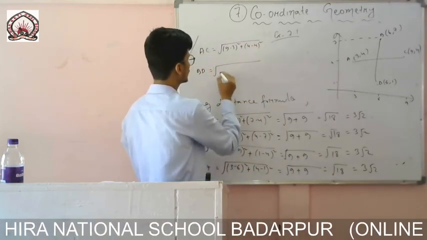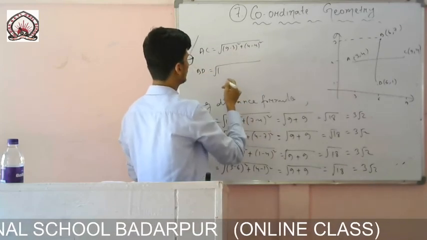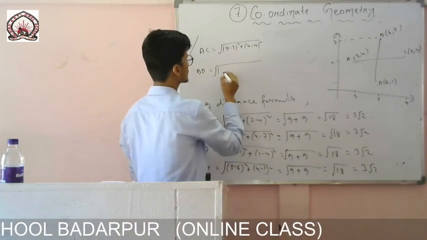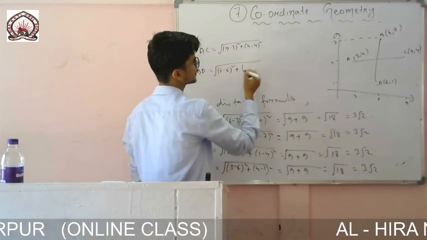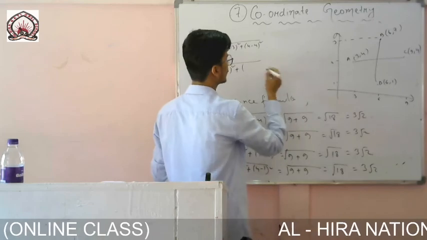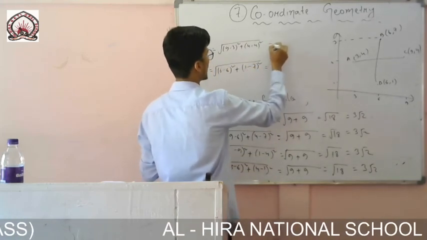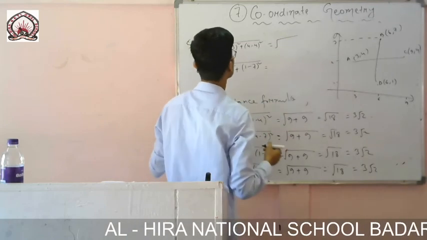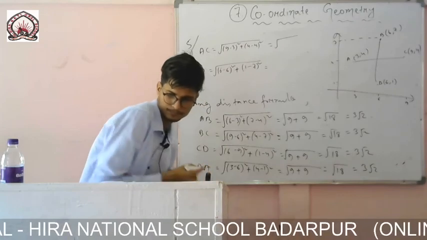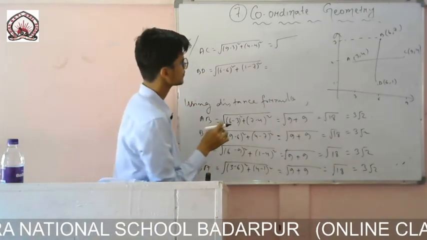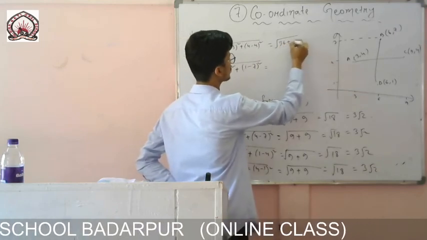And for BD, it will be (6 minus 6) whole square plus (1 minus 7) whole square. 9 minus 3 is 6, so 6 square is 36. 4 minus 4 is 0.